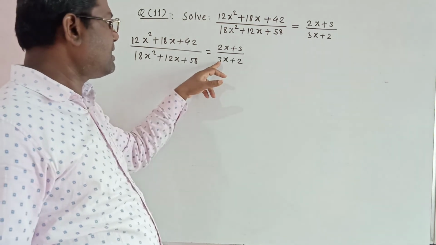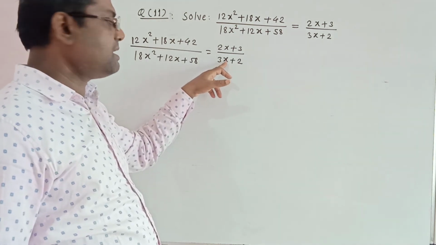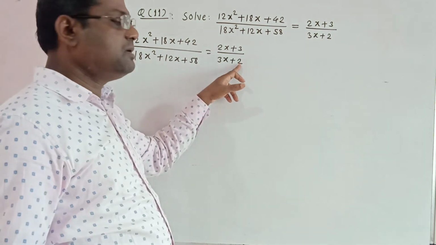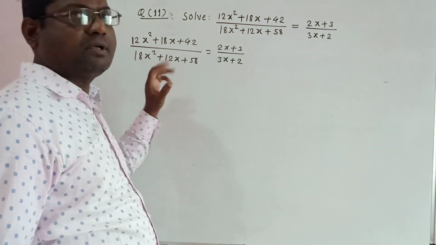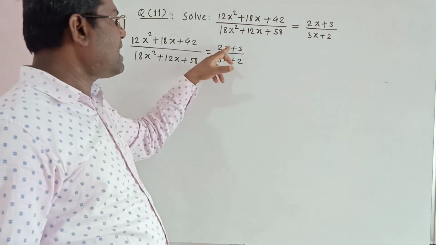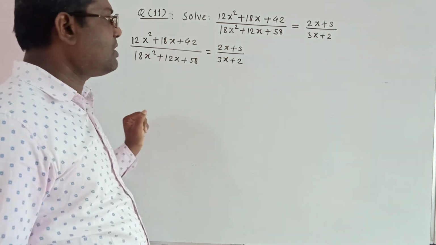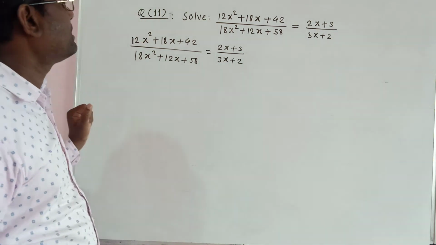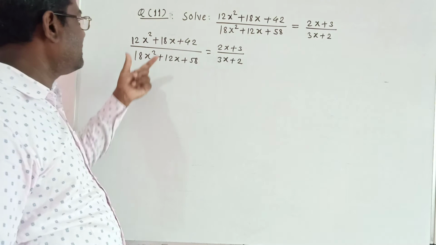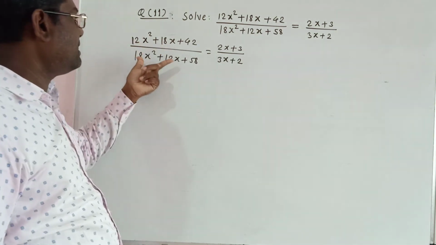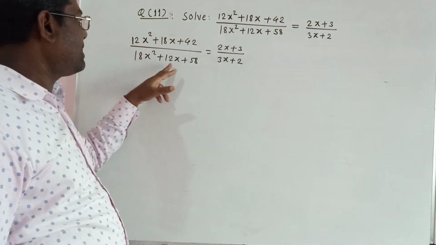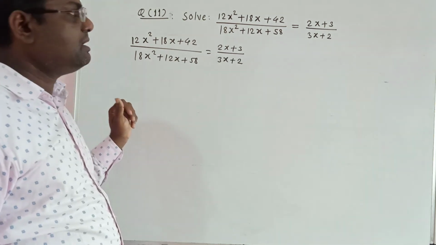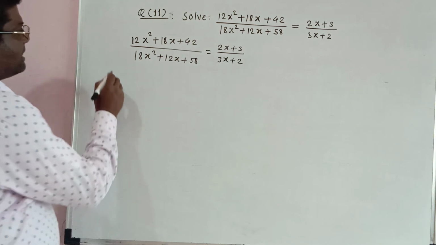In the denominator also 6x into 3x will be 18x², and 6x into 2 is 12x. So if we multiply the numerator and denominator on the right hand side by 6x, then it will become easy to eliminate the terms 12x² + 18x and 18x² + 12x by using the theorem on equal ratios.